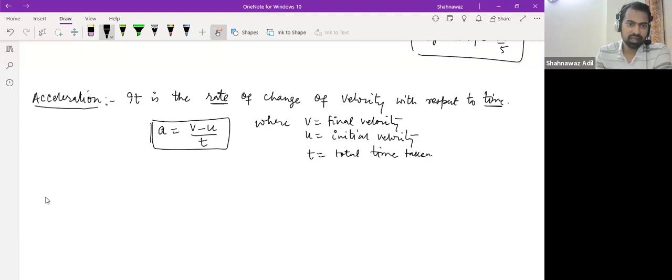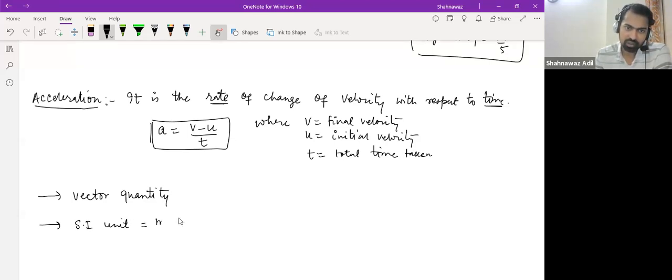This is also a vector quantity, right? And its SI unit is meter per second square.